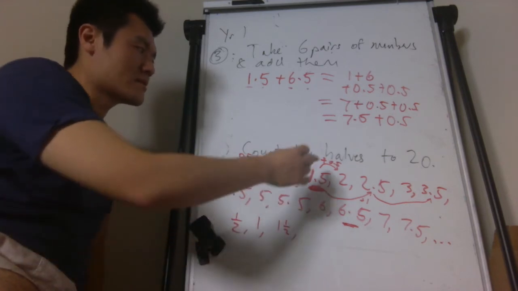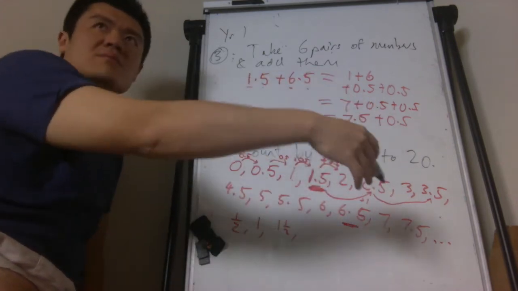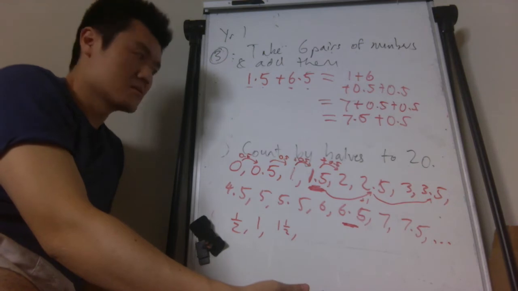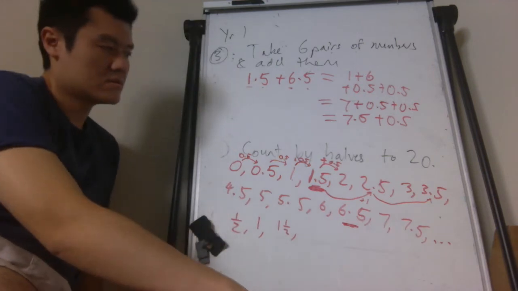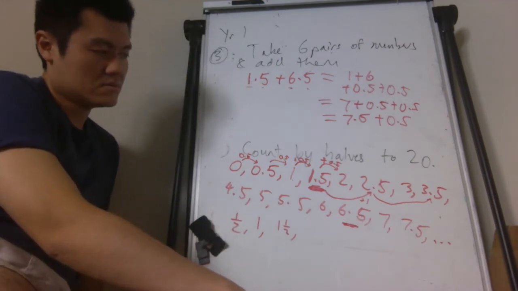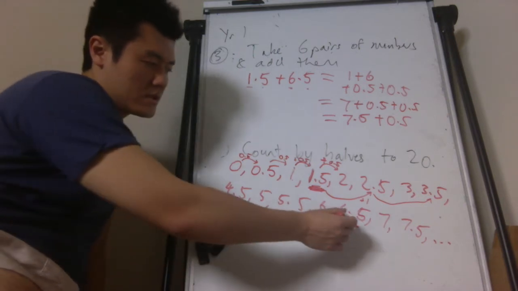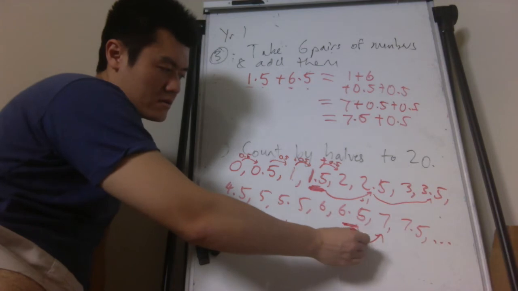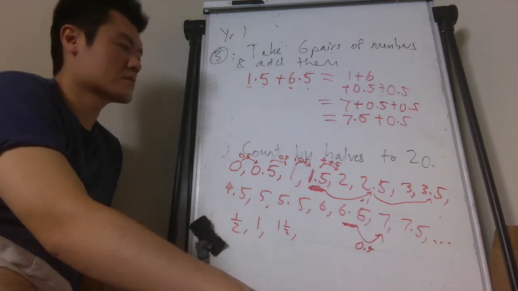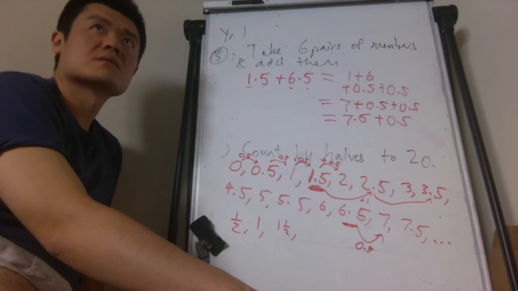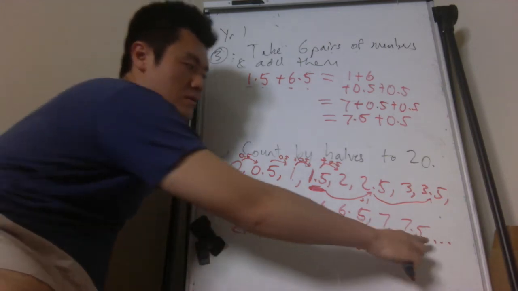So plusing 0.5 is just the next number, or it's like jumping to the next number. So what is the next number after 7.5? So 6.5 goes to 7, and then it goes to 8, and it goes to 8.5. So what's the one that's next?